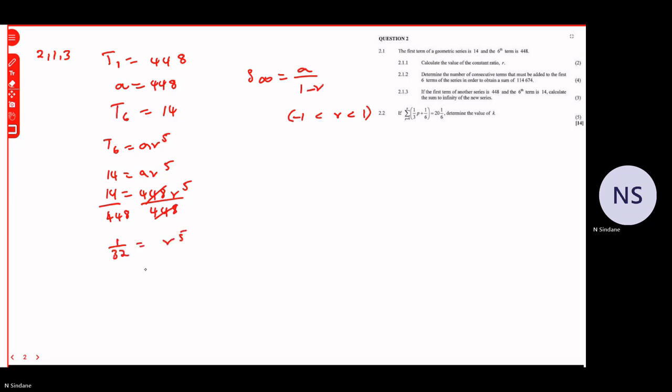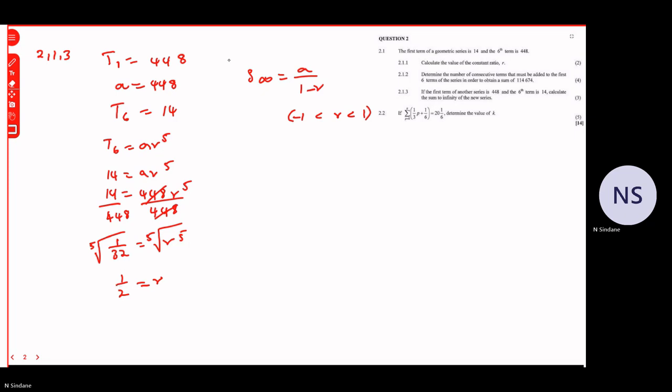And then if I take the fifth root here and the fifth root there, I'm going to get 1 over 2 is equal to my R, because this and the first one is just the switching or the changing of the position of the terms. That's the only thing that they did. So it's expected for you to get 1 over 2.